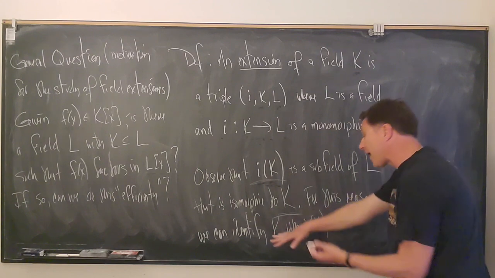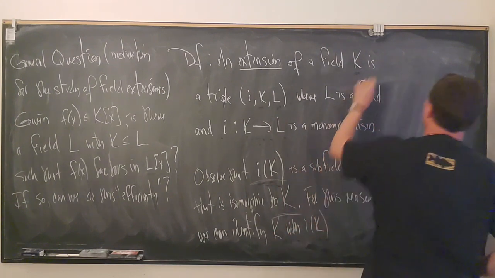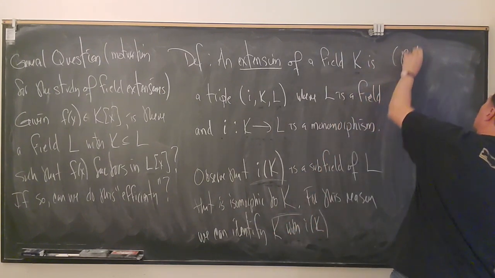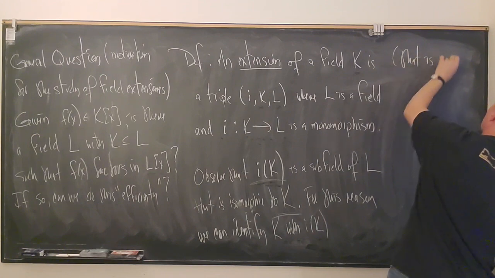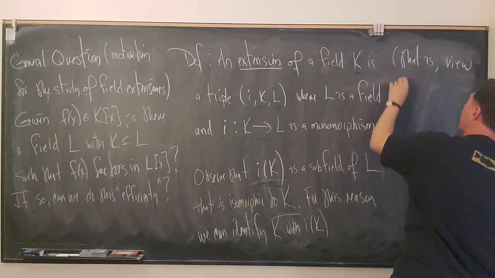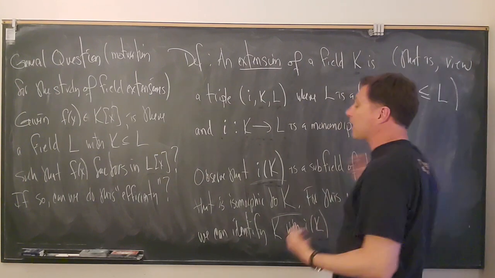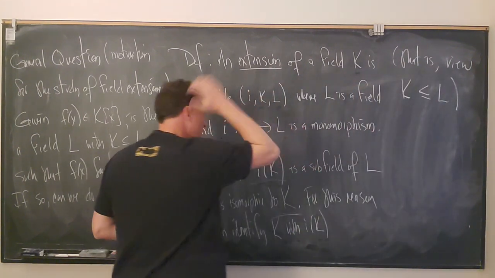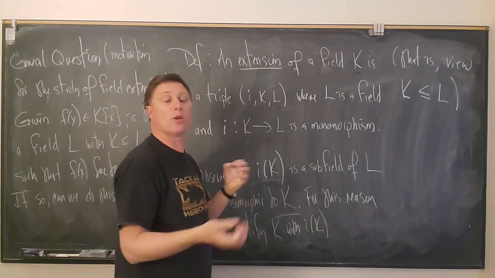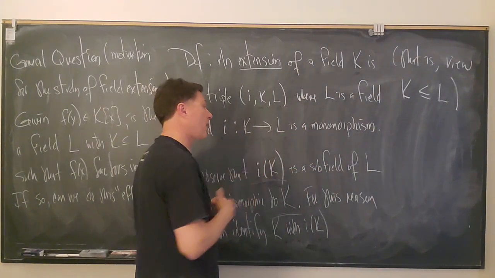And so what do I mean by identify K with I of K? That is, view K as being a subfield of L, even though technically, from a set theoretic point of view, that may not be true. We know that there's an isomorphic copy sitting inside L.